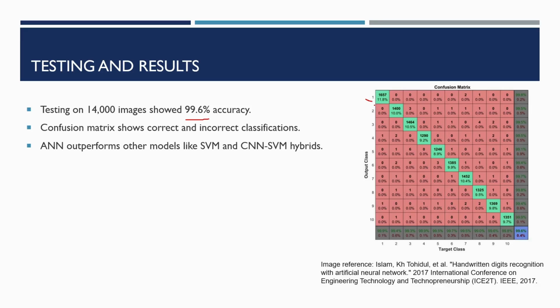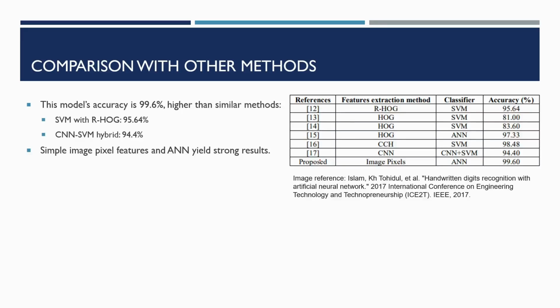This high accuracy demonstrates the effectiveness of the ANN model, which outperformed similar models such as SVM and CNN SVM hybrids. Comparison with the similar models is done in the next slide. As you can see, in comparison to other methods, this neural network approach stood out.